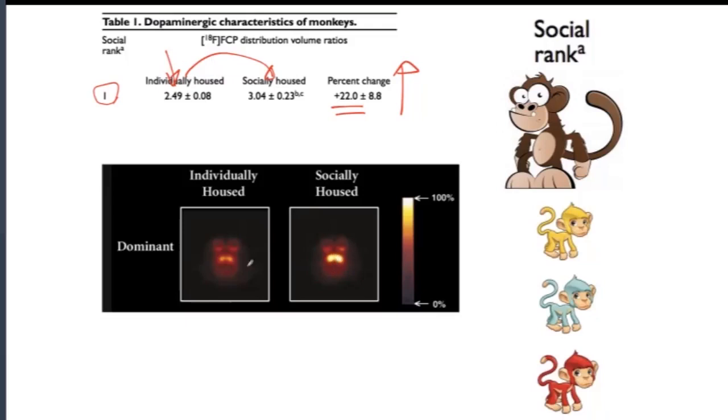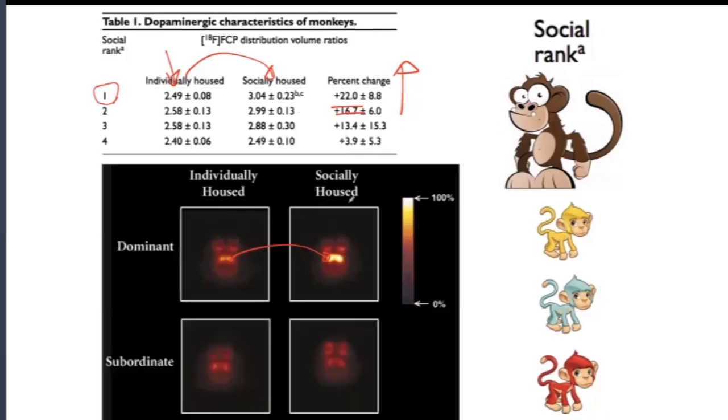You can see that the level of dopamine receptors with PET scanning would be much higher after being socially housed. But for those who are subordinate, based on their rank, the increase would be much lower. As you can see here, there is still a slight increase when they go to the social environment, but it is not really significant.